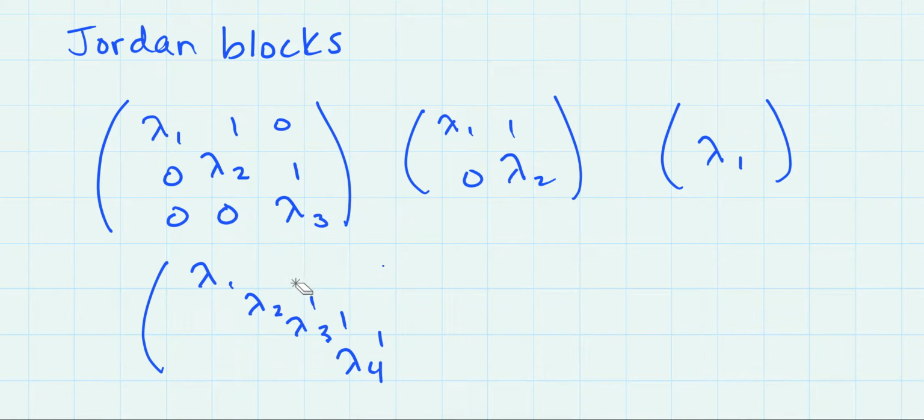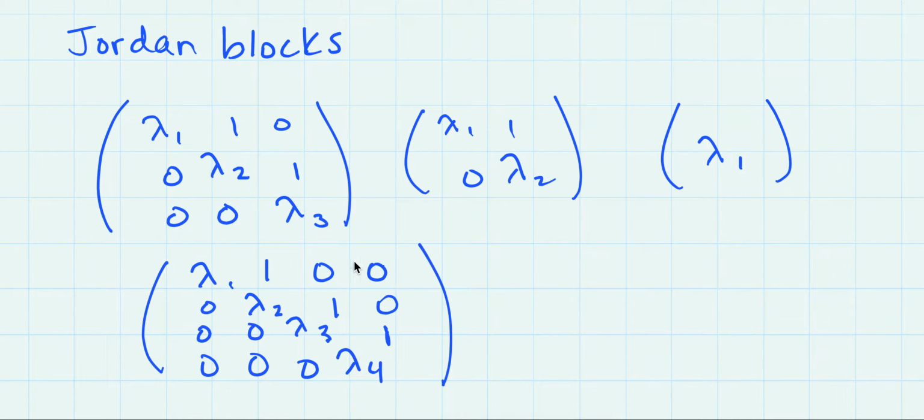A Jordan block is a block that has eigenvalues along the diagonal and ones along the off diagonal, the diagonal that's just above the normal diagonal.